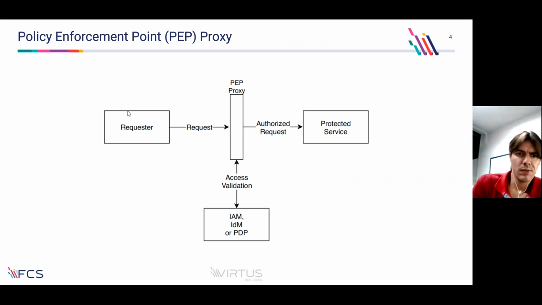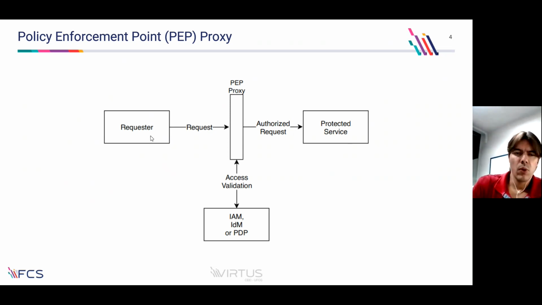And we have here below an identity and access management system, IAM, or identity management system, IDM, or even a PDP, policy decision point. Each of these can be used to verify if the requester has permission to access the protected service.